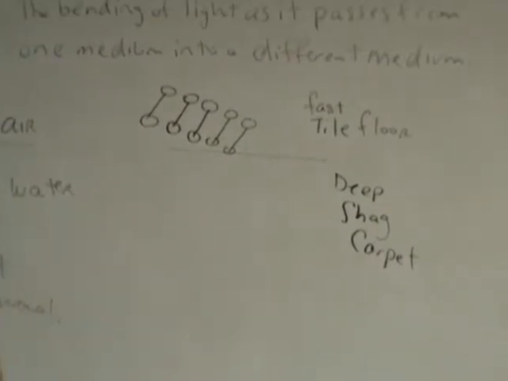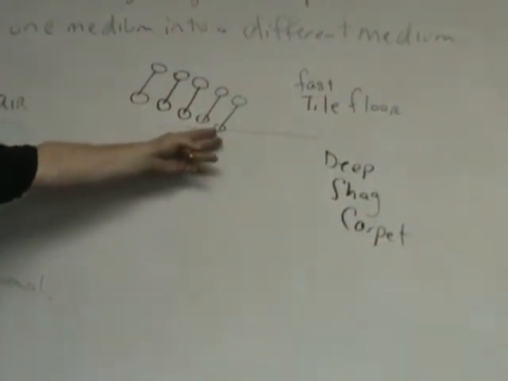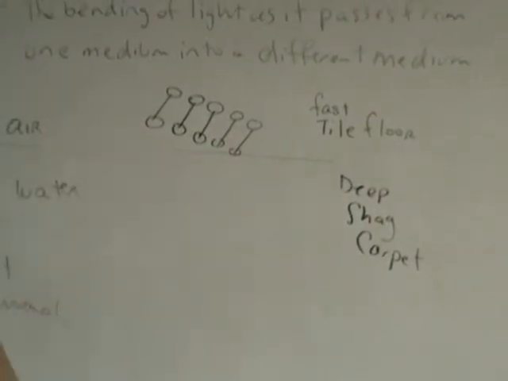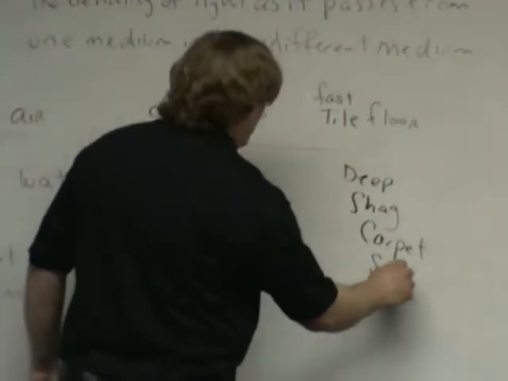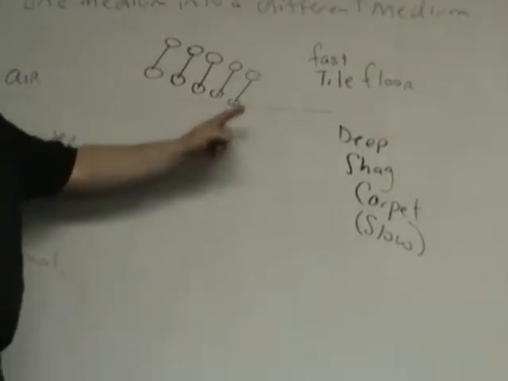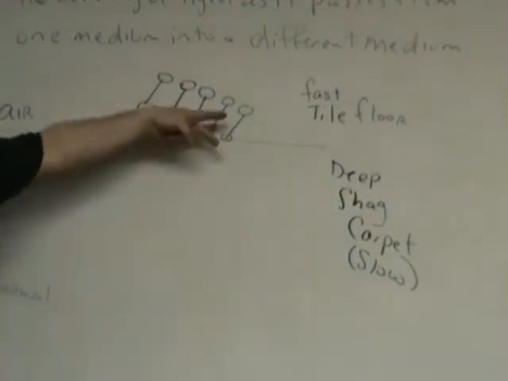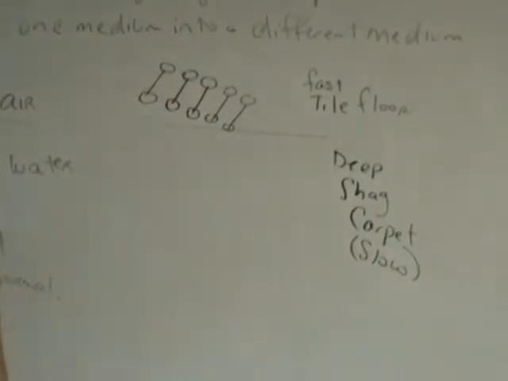So that cute little irrepressible child is pushing their single axle toy until you get to here. Do you see that the bottom wheel is going to now be traveling on the deep shag carpet, which his little toy will move rather slowly, whereas the top wheel is going to stay on this fast tile floor. So what's this little single axle toy going to do?